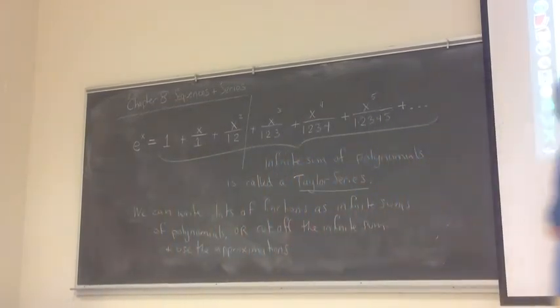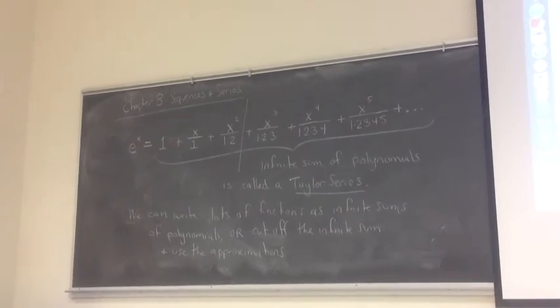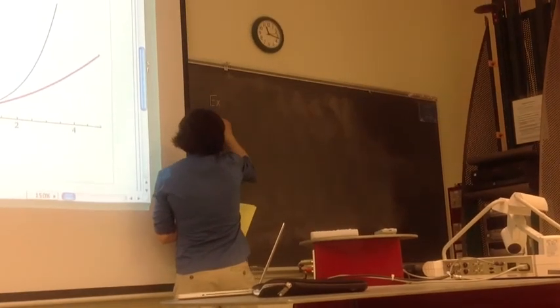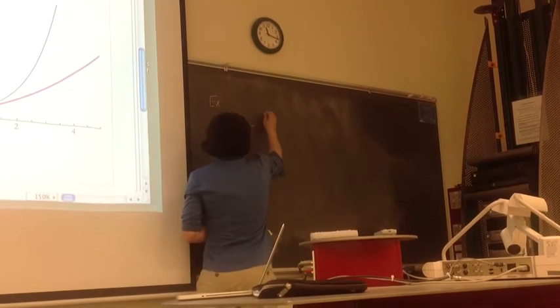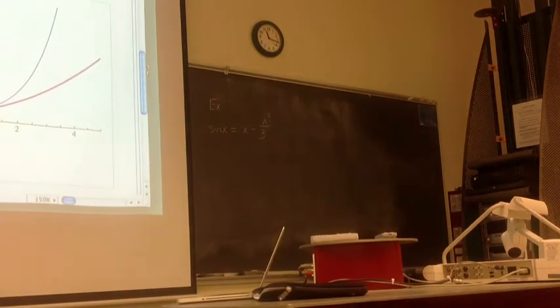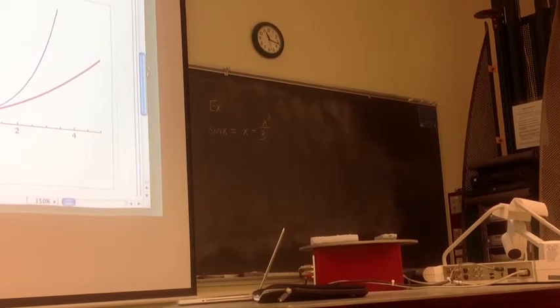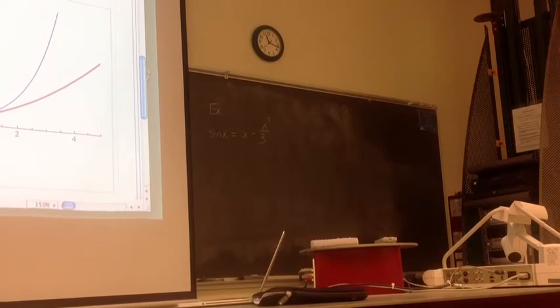So as a second example, another function that we might try to approximate is y equals sine x. And it turns out that we can approximate sine x as x minus x to the 3rd over... Now, these numbers that I wrote out in the denominator over here, 1 times 2 times 3 times 4, that gets really burdensome once you do 1 times 2 times 3 times 4 times 5 times 6 times 7 times 8 times 9 times 10 times 11 times 12, etc. So we can shorten that using that factorial notation.